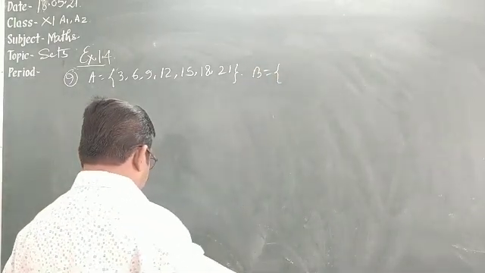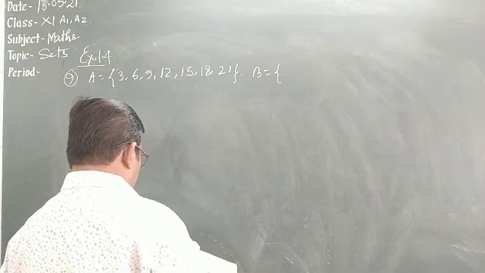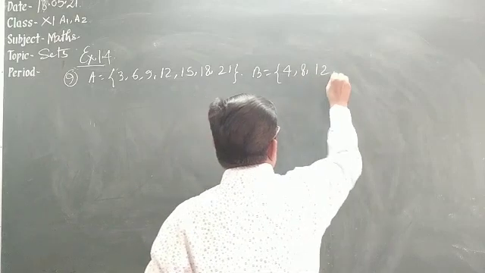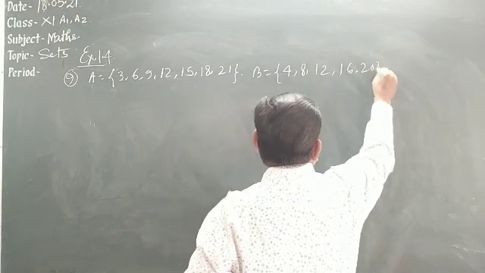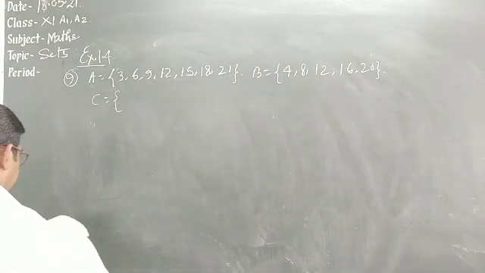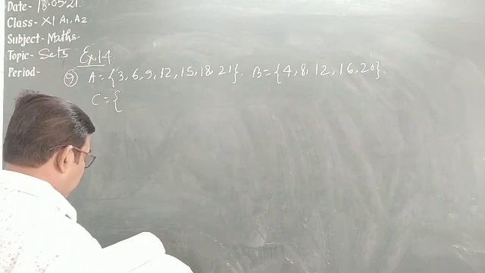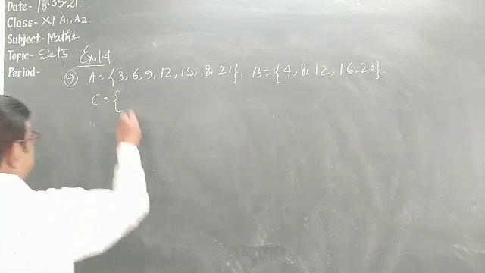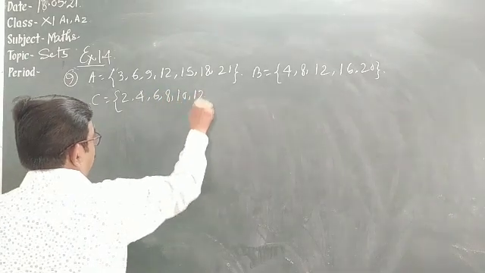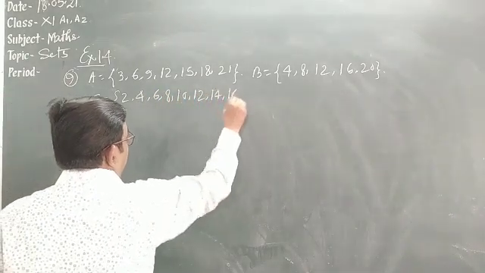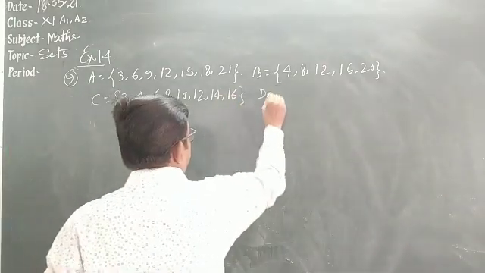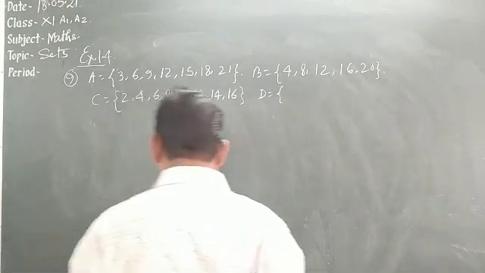B is a set given 4, 8, 12, 16, 20. C is a set having 4, 6, 8, 10, 12, 14, 16.